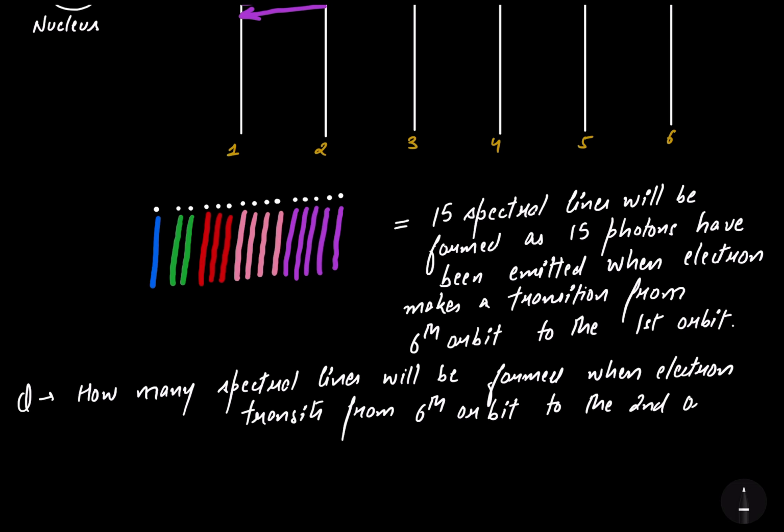I have altered the question. Now finally the electron is entering the second orbit, not the first orbit. For that you have to again count the number of photons.